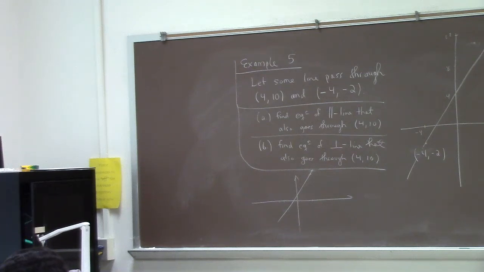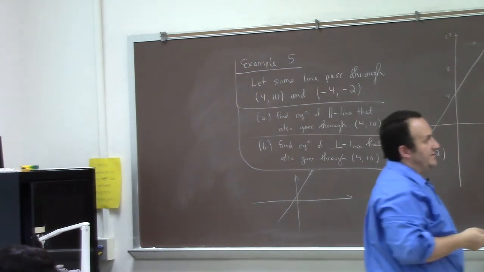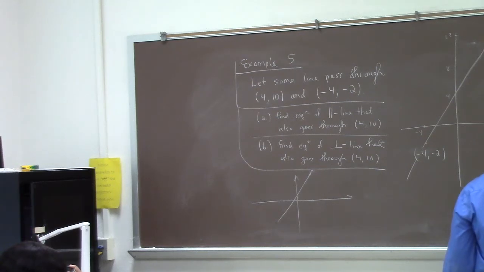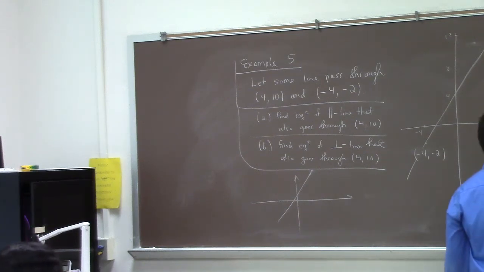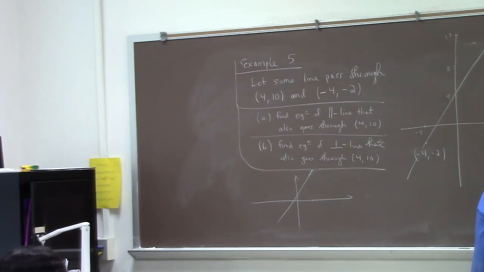So that's 12 over 8, also known as what? 3/2, I think. So the slope of the original line is 3/2, and so y equals 10 plus 3/2 times (x minus 4) is the equation of the given line.